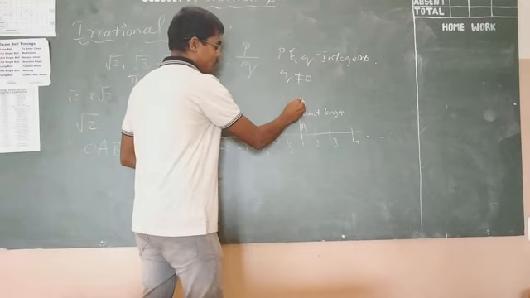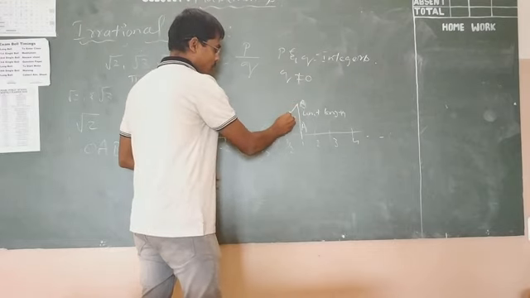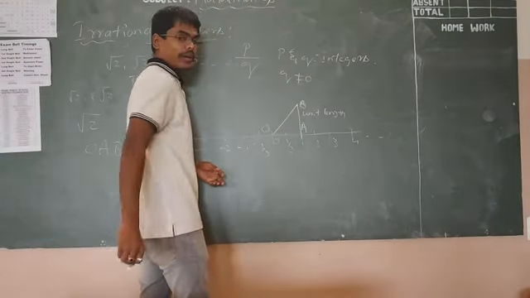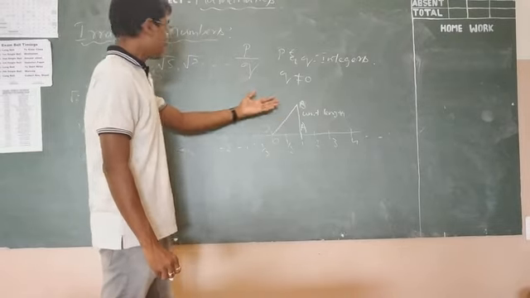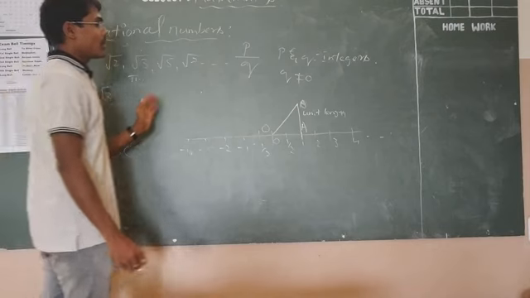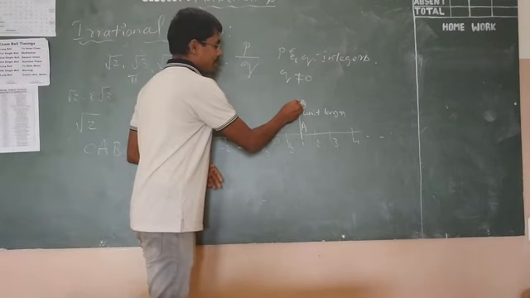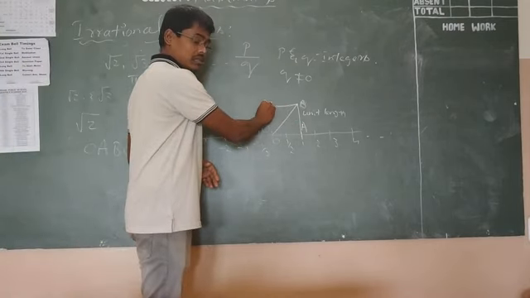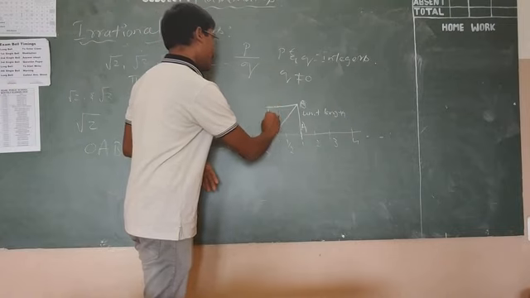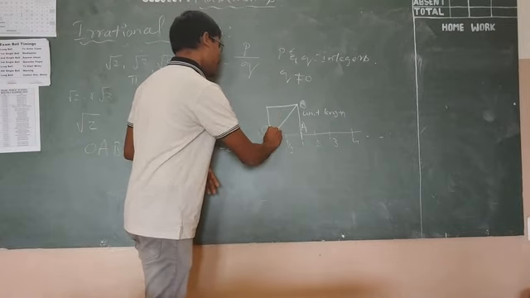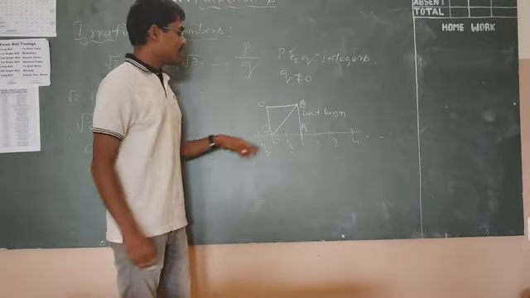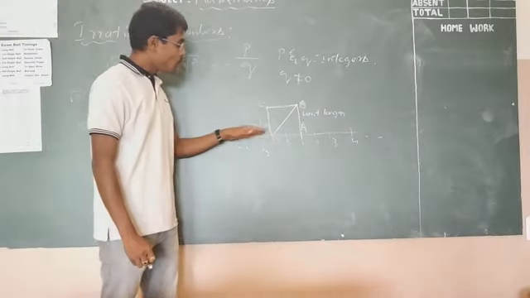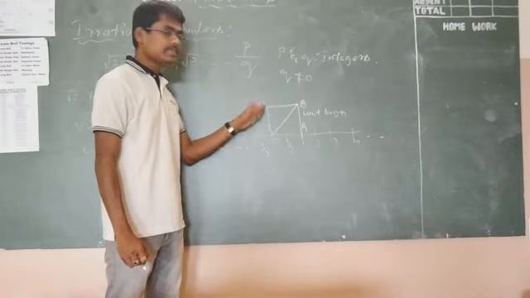Then I am going to join this with the origin point. Then I am going to draw a parallel line, the replica of this, and join this line with this one. I will take this one as C, and this becomes the rectangle OABC.